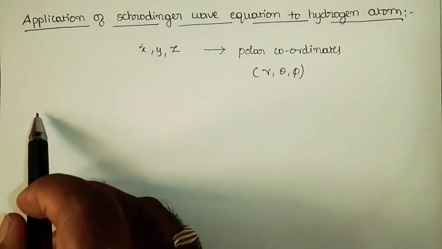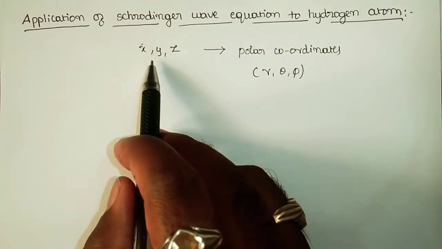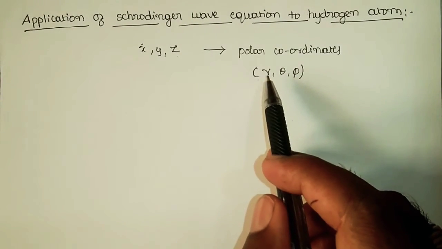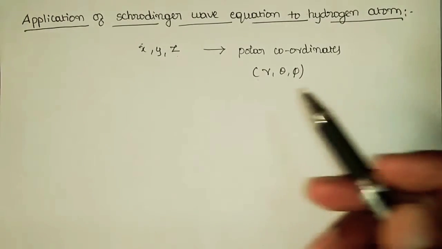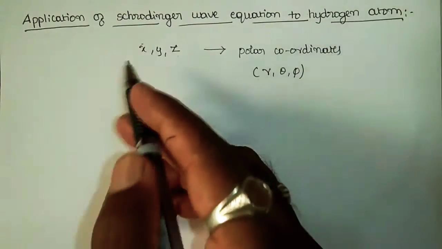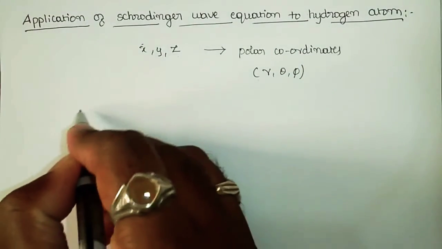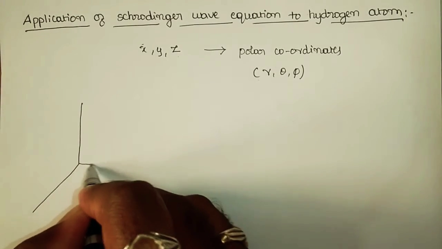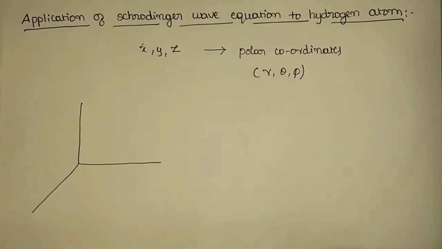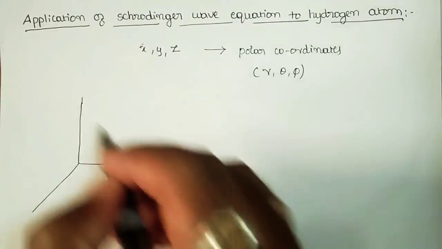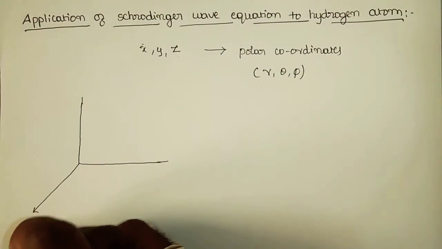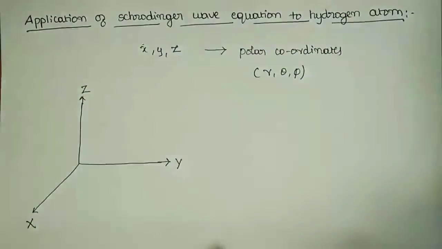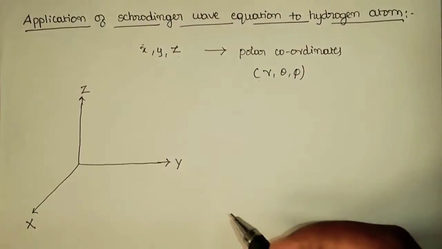And the relationship between this Cartesian coordinates x, y and z and the polar coordinates r, theta, phi can be easily established, and for that purpose we shall draw a simple diagram. So this is the Cartesian coordinates, so x, y and z. So let me consider this as x, y and z, the 3 Cartesian coordinates.